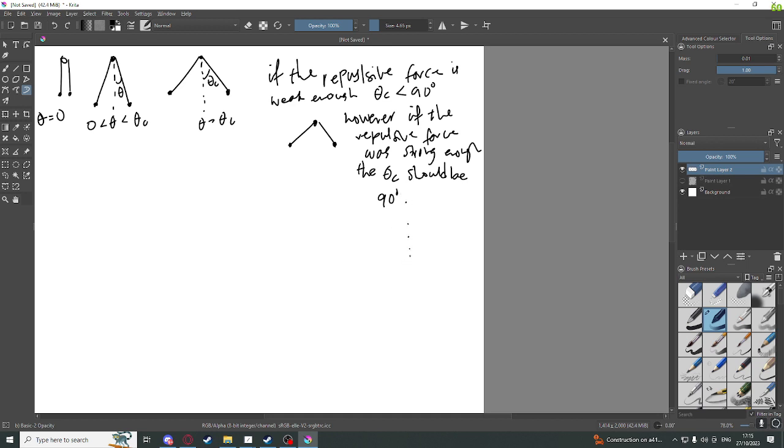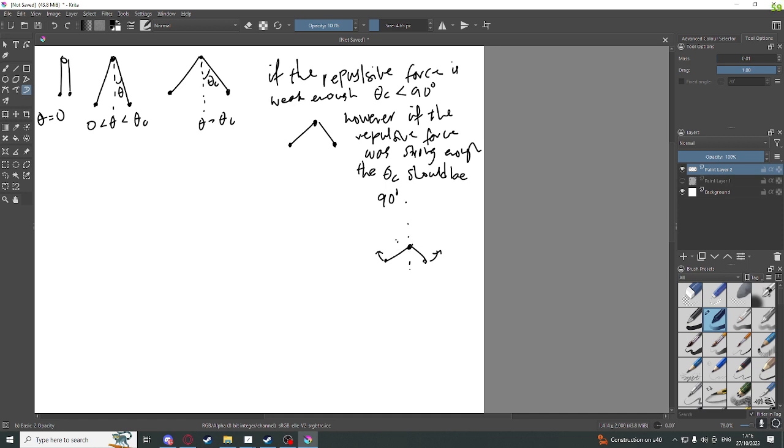And we can visualize this, right, with our system going upwards like this because of the repulsive force. And at this point, if the repulsive force was strong enough, the weight of the particle would not matter, and so it would go past 90 degrees.